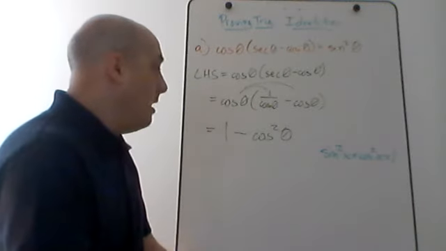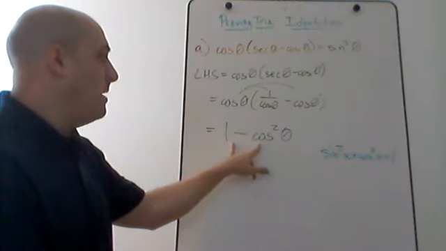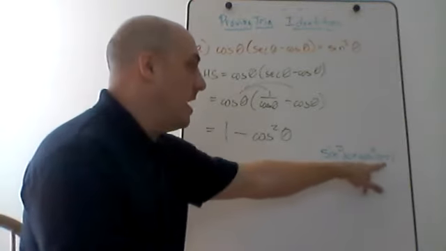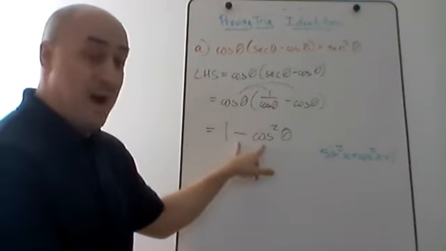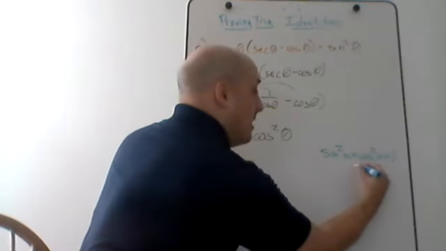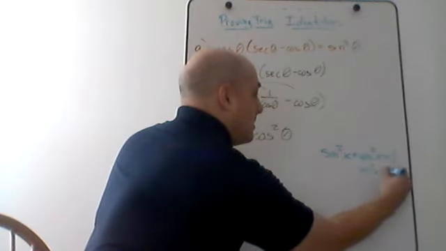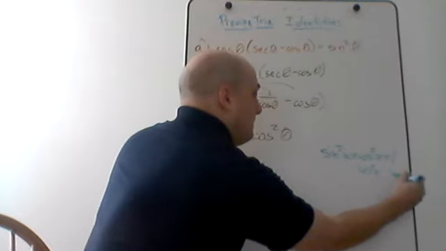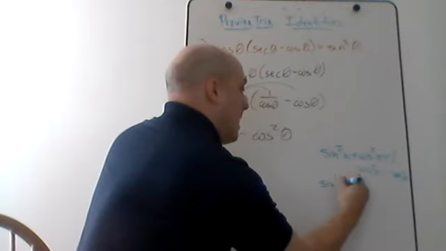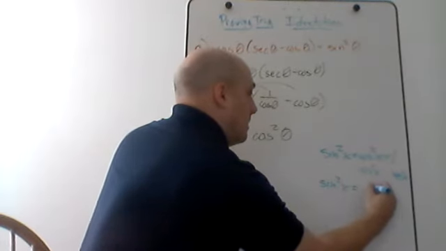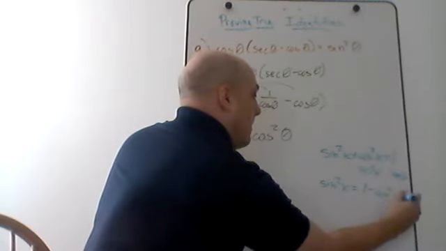All right, so what I have here is 1 minus cosine squared of theta. So can I turn this into a 1 minus cosine squared? I can. If I subtract cosine squared of x from both sides of the equation, I get on the left side just sine squared x by itself equals 1 minus cosine squared of x.